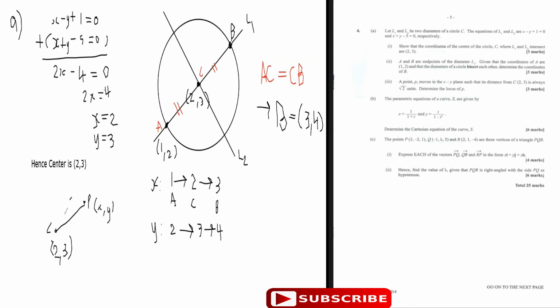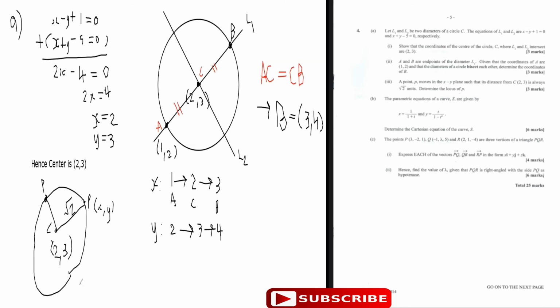So if this distance is √2, P could be anywhere. As long as the distance is √2, we get one circle going around it. Let's say P is here, as long as the distance is √2, we're good. And so this forms an equation of a circle.